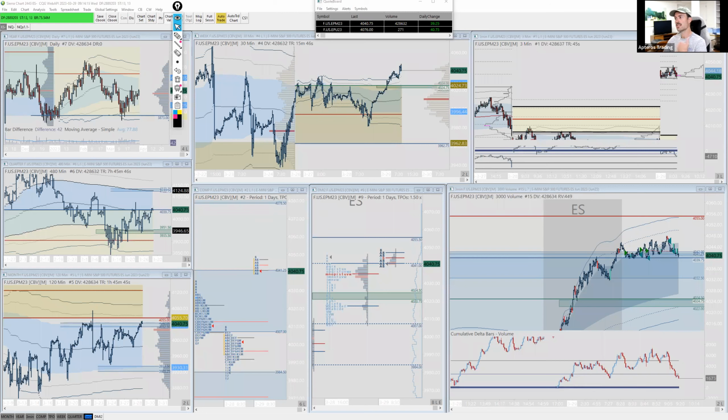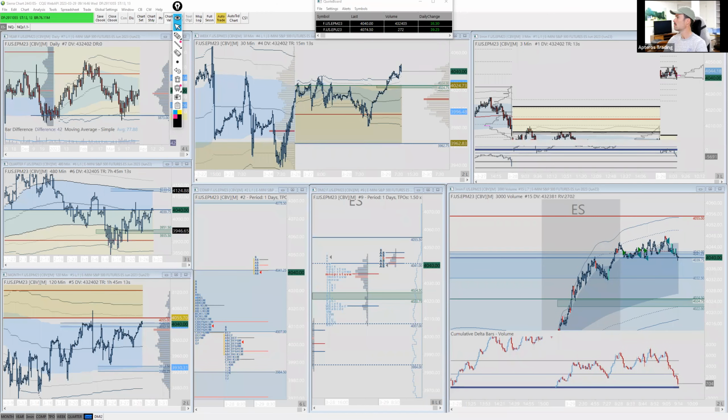All right, so the sellers are trying hard here to get new lows. We now have an official poor low in the market profile. There's the stop run.